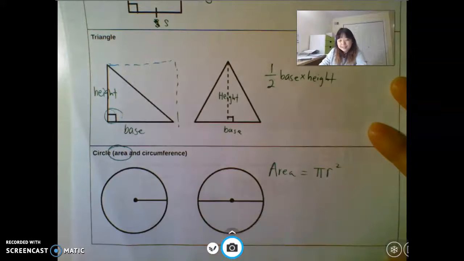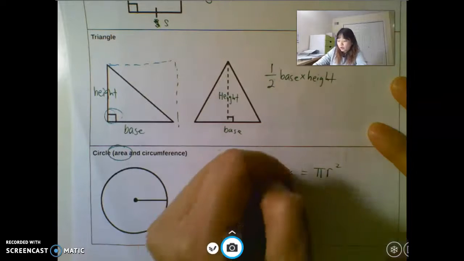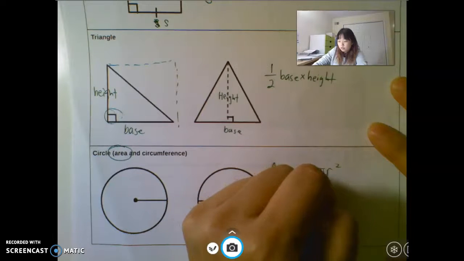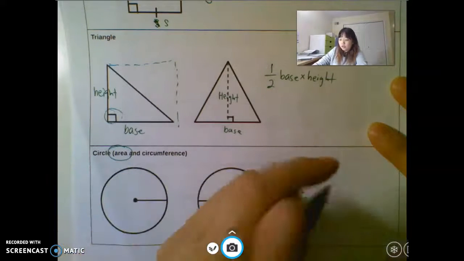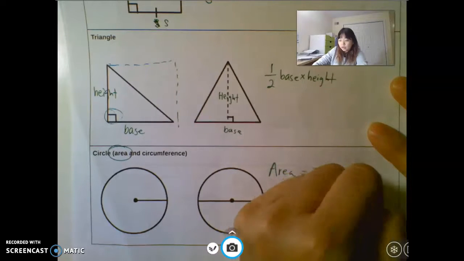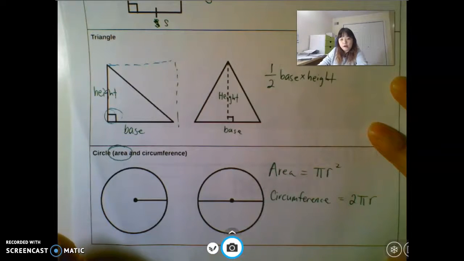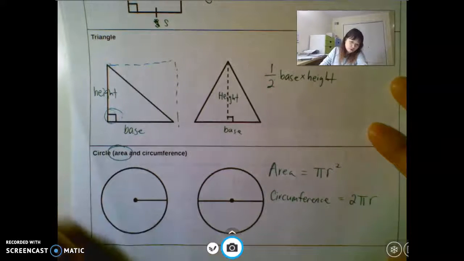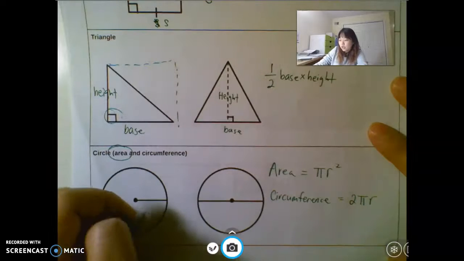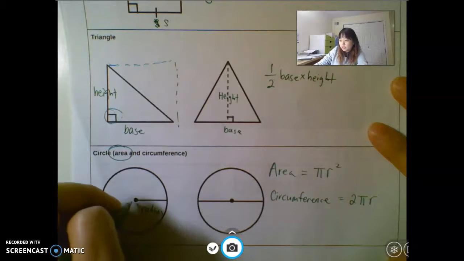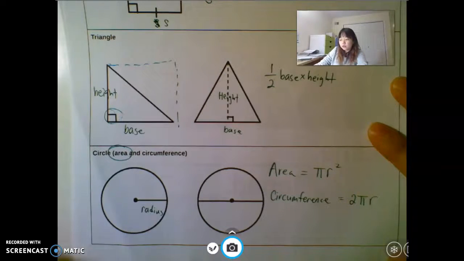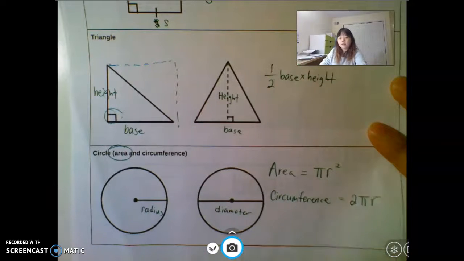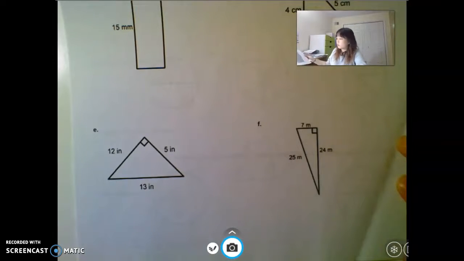Area is pi r squared, and circumference, the length around the circle, is 2 pi r. It's a little tricky because pi r squared and 2 pi r both have pi and r, but please don't get that confused. From the center to a point on the circle is the radius, and the entire thing is the diameter.